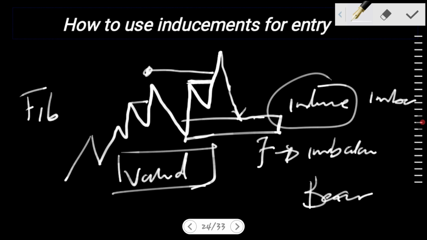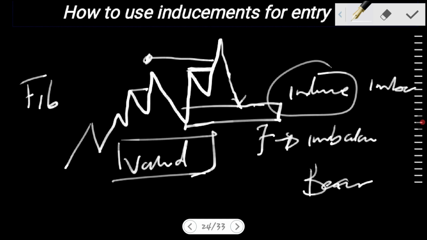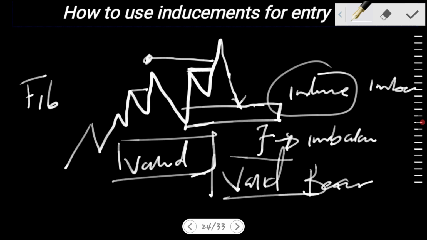Now, it is not guaranteed that every order block works, only after having confirmations, which will be covered in the next video. But the main important thing is how to identify a valid high and a valid low, because if you can identify them, that means you can identify a valid break of structure and an invalid break of structure.